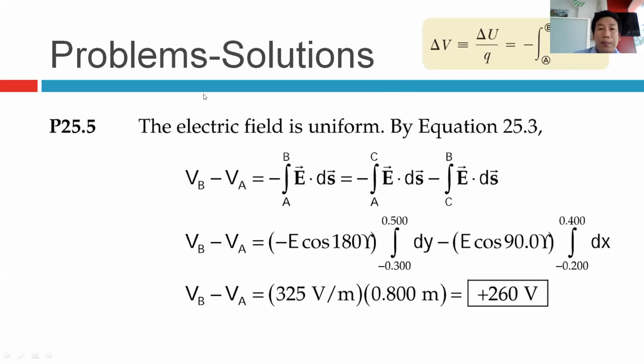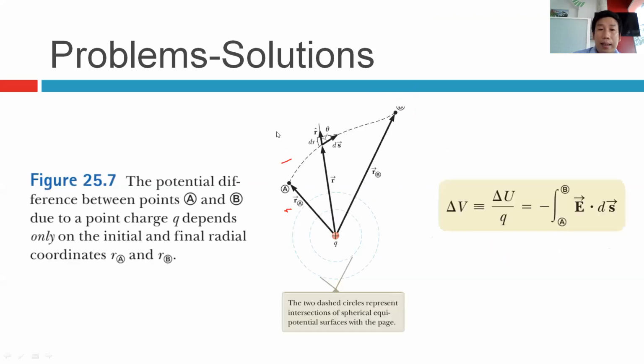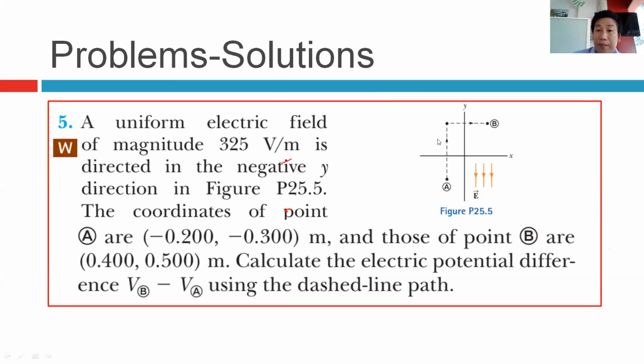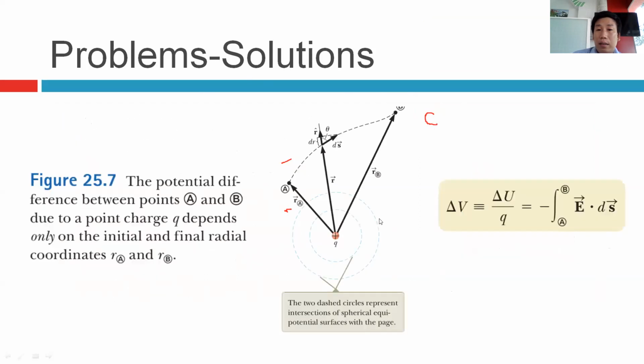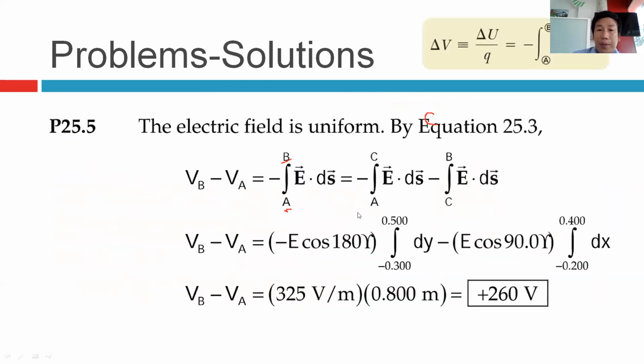After this, you apply it in a real situation. You need to calculate from point A to point B, but the question asks you to calculate it at this point, so I call this point C. We can calculate from point A to C and C to B. You just substitute the values you have into this formula and calculate.